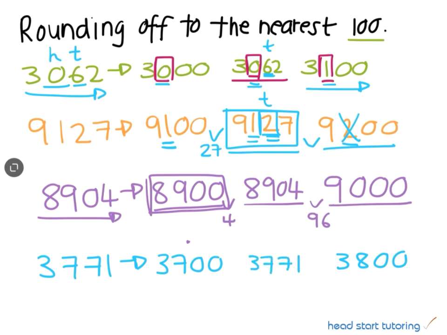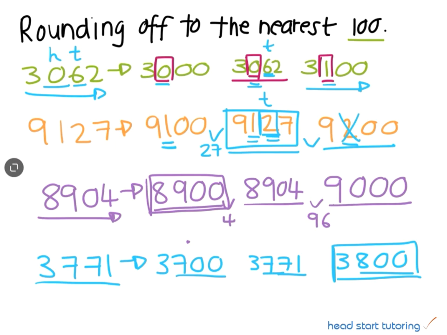We can have a look at our 71, or we can have a look at our 771 and see whether 771 is closer to 700 or closer to 800. And we can see that there would be a smaller difference between 3,771 and 3,800, and therefore rounding the number 3,771 off to the nearest hundred will give us an answer of 3,800.